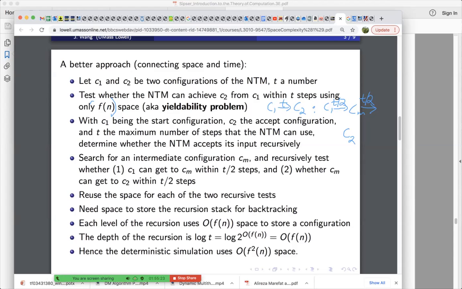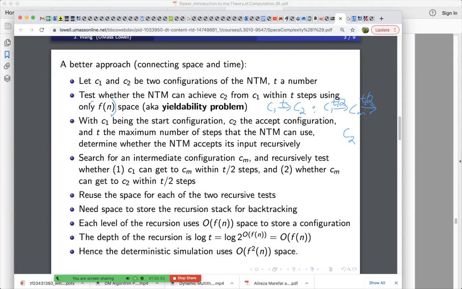We only need to use space to store the recursion stack of backtracking, because when you do recursion, you have to know where you start. So when you finish computation of the subproblems, you can backtrack to its parent. So we need to remember those, and we just need extra f of n space to store that configuration.